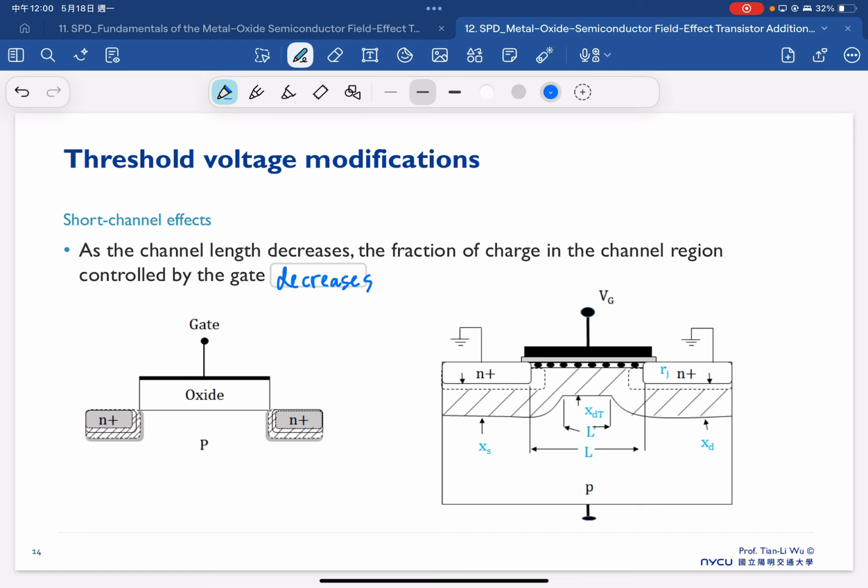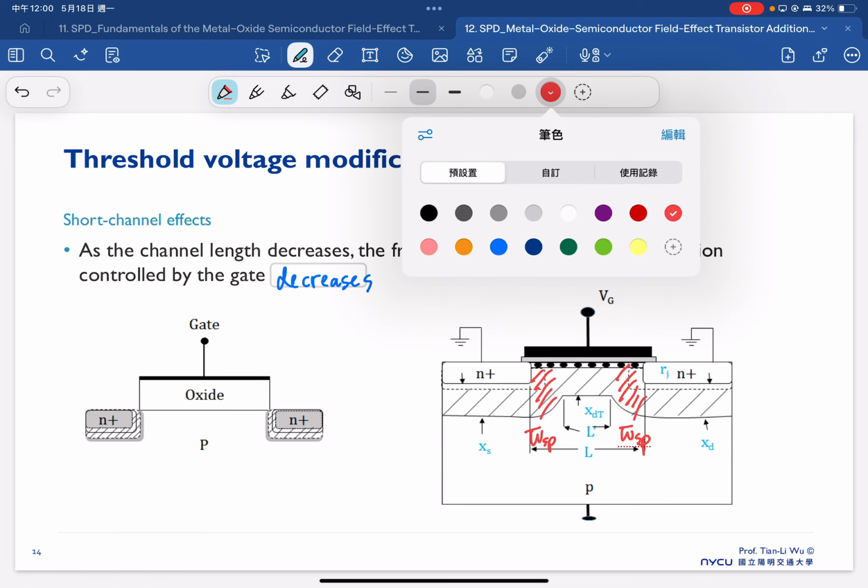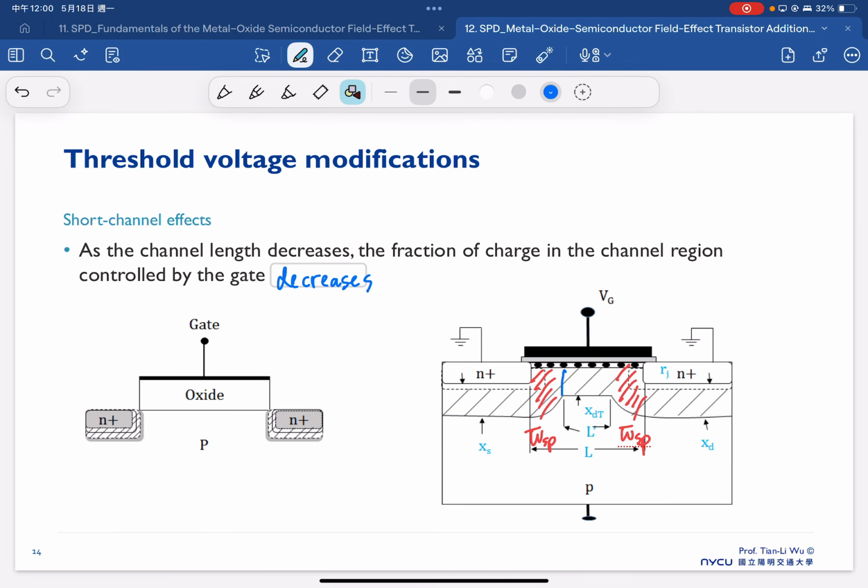If you look at the right hand figure where we have a small channel length device, our depletion region has been extended to this part and this part. So now this is our WSP, but the channel length controlled by the gate is only what is left, as shown here.